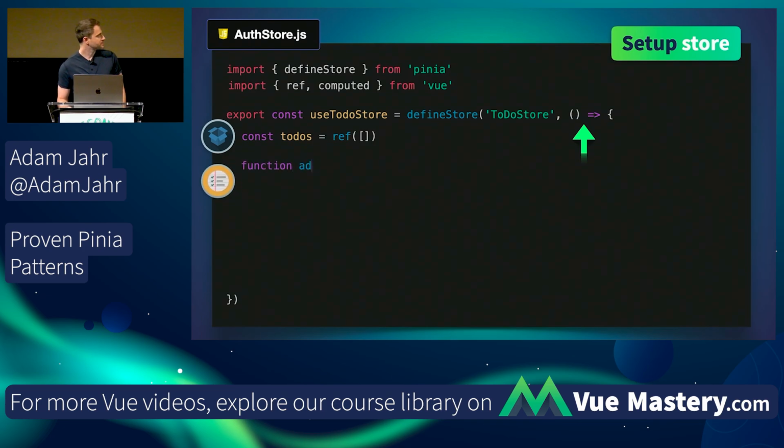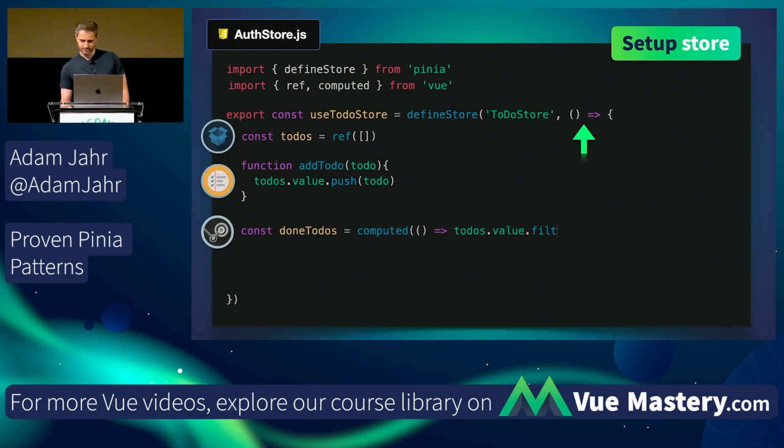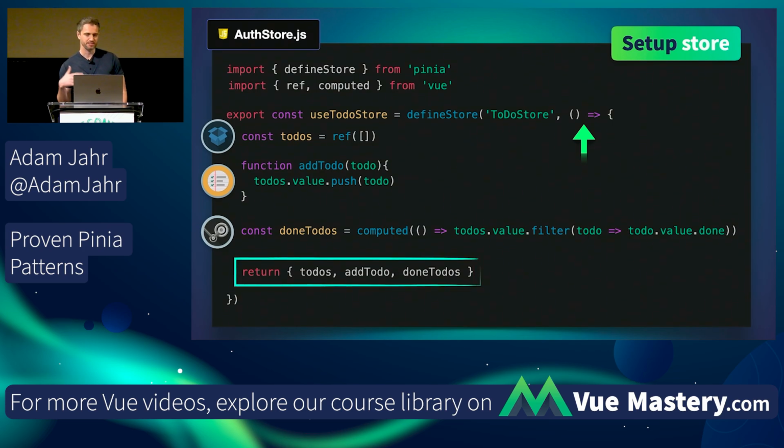Our action is going to simply be a function, and our getter is a computed property. And I wanted to point out here, and it's very important, that we need to return anything we want to be exposed and accessible outside of the store. So don't forget to do that, because it's going to make it accessible to other files and trackable by the dev tools and all that.